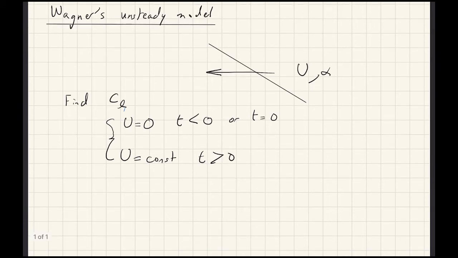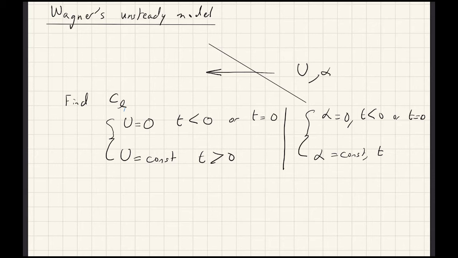Now you can say the same thing for the angle of attack. So instead of having a step input of free stream velocity, you can have alpha equal to 0, again for t less than or equal to 0, and then alpha is equal to some constant as soon as t passes the 0 mark.